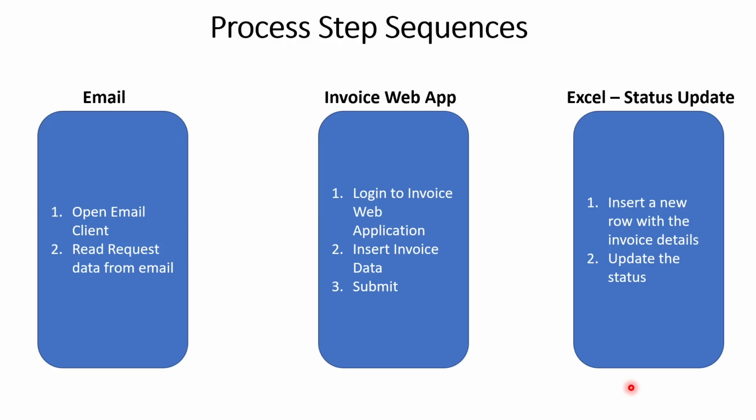For the second step, to generate an invoice, it will first log in to the invoice web application. Then it will insert the invoice data which it collected from the email, and then submit the invoice. Once the invoice number is generated, it will take the invoice number and go to the Excel. It will first open the Excel, then insert a new row, and then update the status. So there is a sequence of steps for each of these blocks, right?